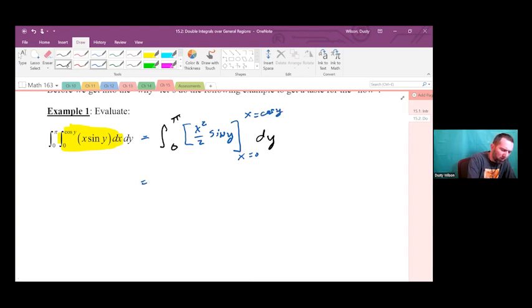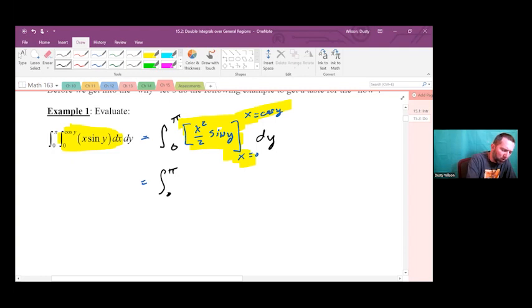So all that yellow stuff is becoming this expression here. So this is equal to the integral from 0 to pi of, when we put in 0, we're going to get out 0.